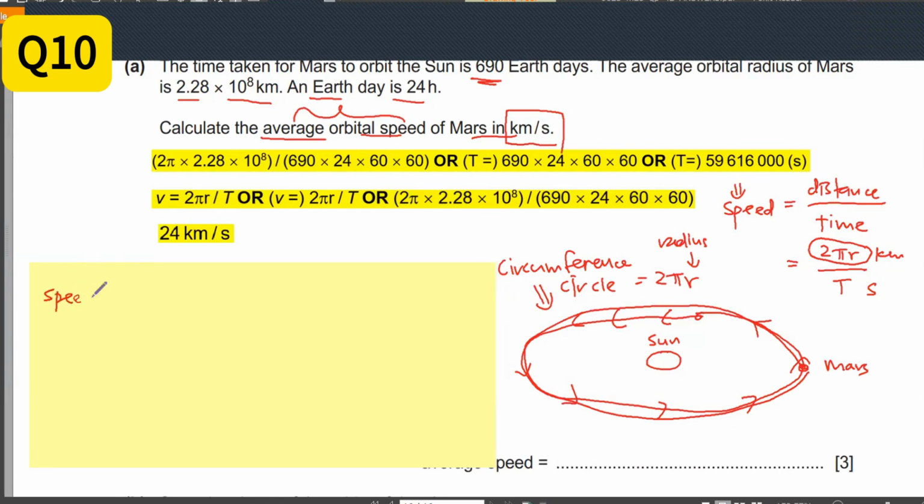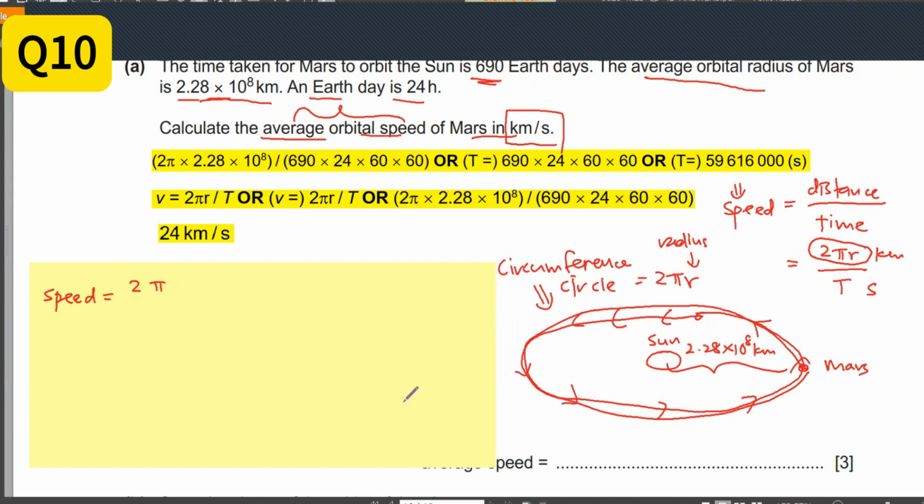So the speed equals 2 pi r. The radius is given here: 2.28 times 10 to the power of 8 kilometers.